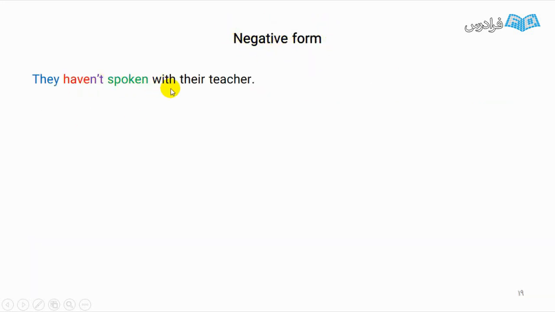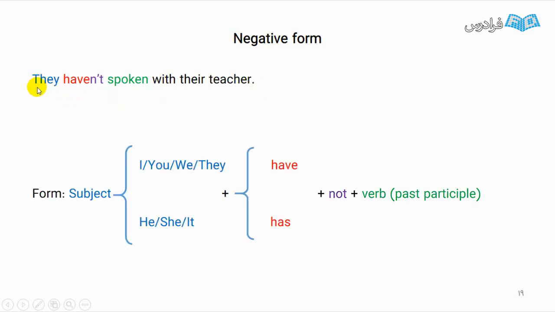What about the negative form? They haven't spoken with their teacher. Let's check the form. It starts with a subject. As I told you, we have two different kinds of them. Because this is a plural subject, we have to use have, and then it's enough to add not to have or has to make it negative.